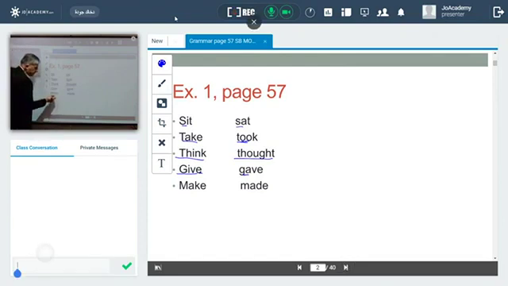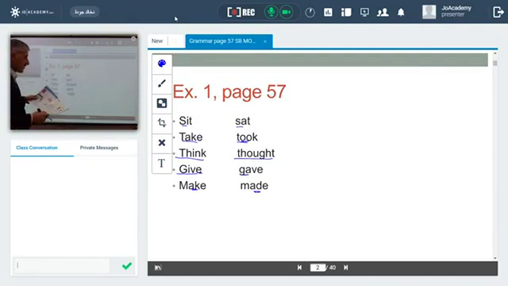Make, as you can see, we change the K into D. So make becomes made. So these are some of the verbs. We're supposed to find them in pages 55 and 56 as exercise number 1 requires. Let's go now to exercise number 2.